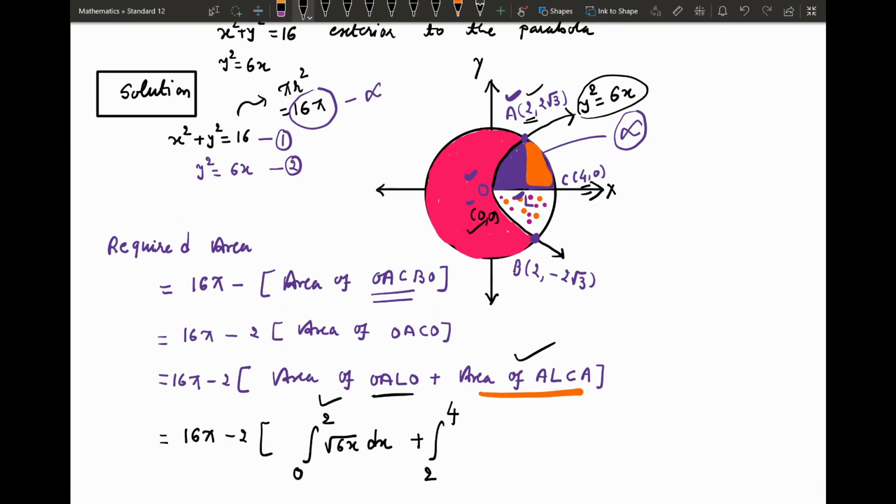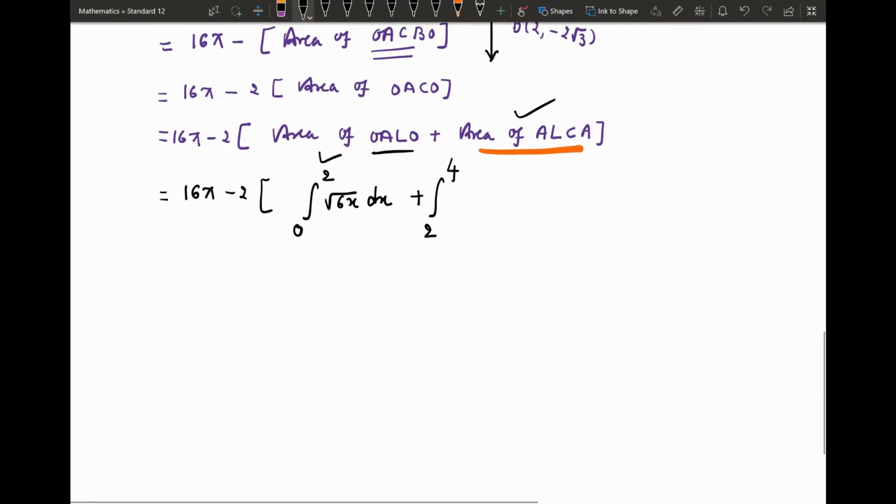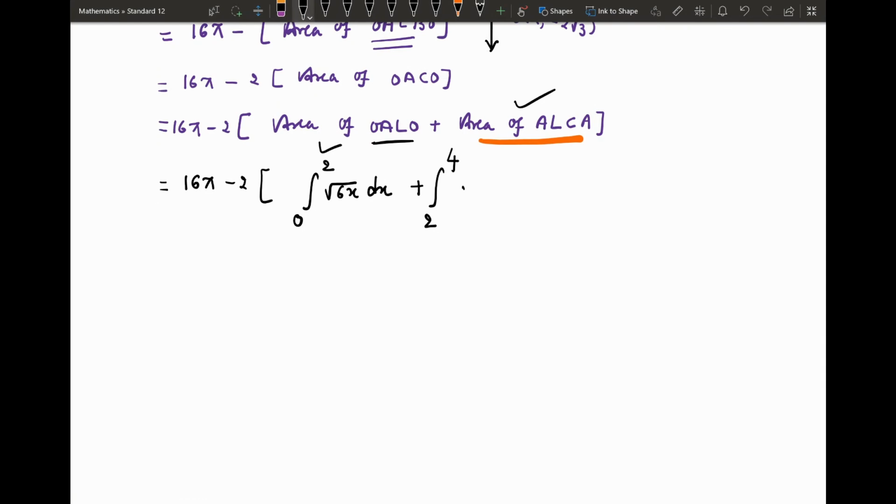And curve we have to take from the equation of circle, x square plus y square equal to 16, so y square equal to 16 minus x square, so y equal to plus minus under root 16 minus x square, and since y is positive, so this will be under root 16 minus x square dx.